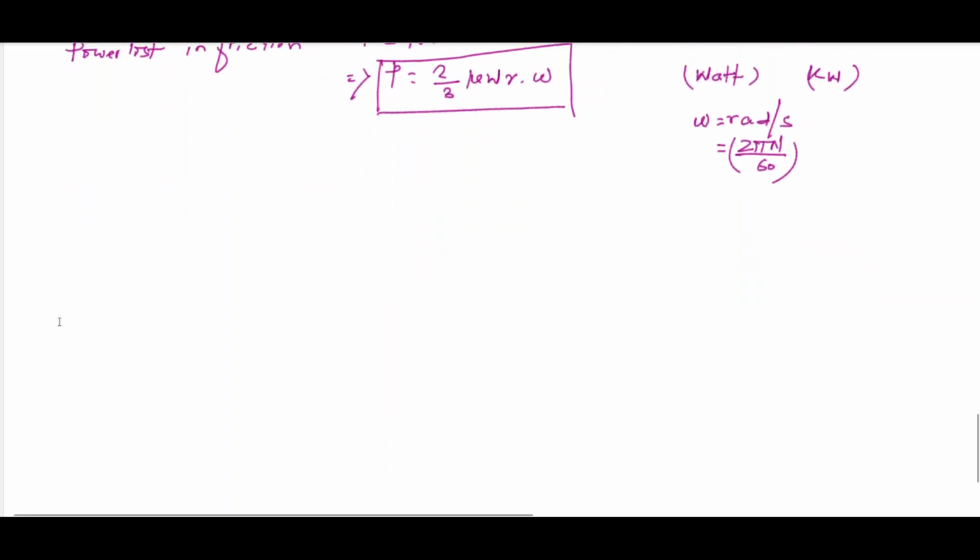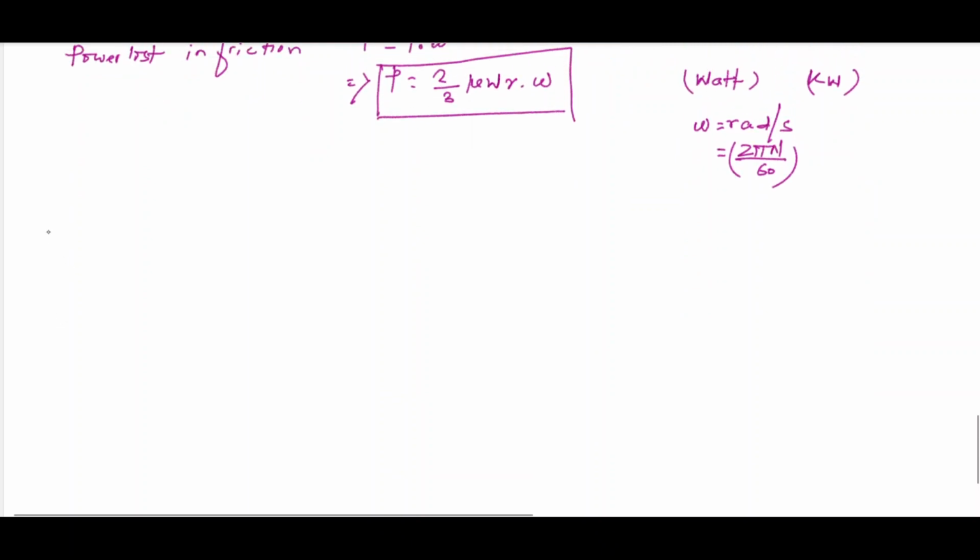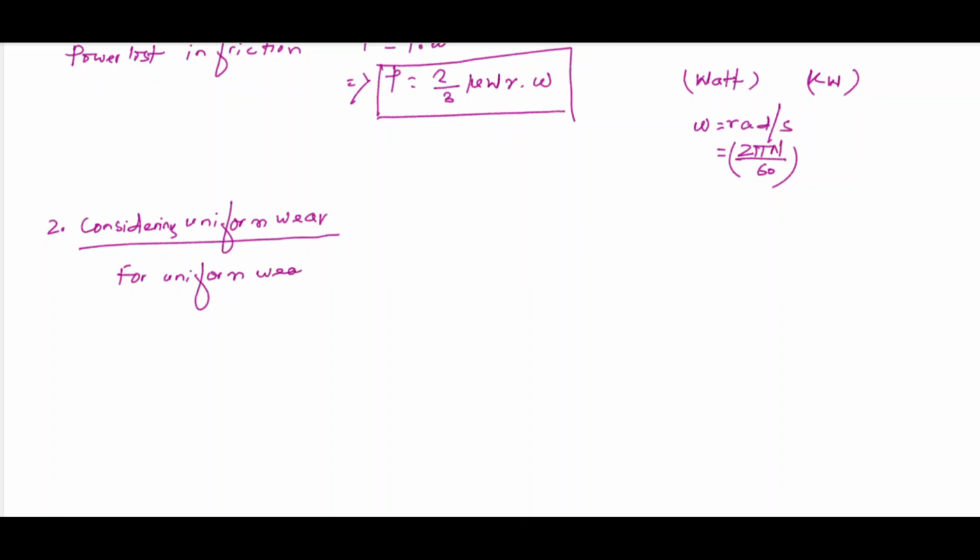Okay. Now considering uniform wear. For uniform wear, we have P dot R is equal to constant, as I told you.